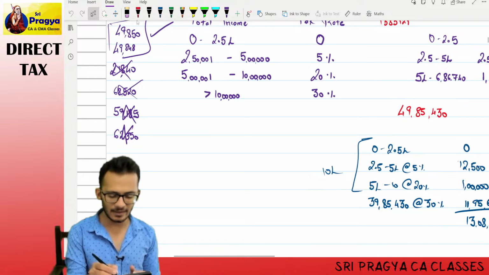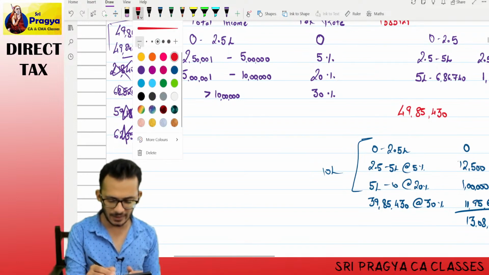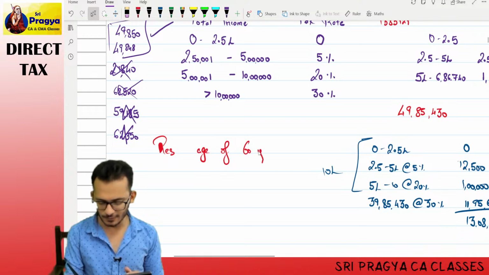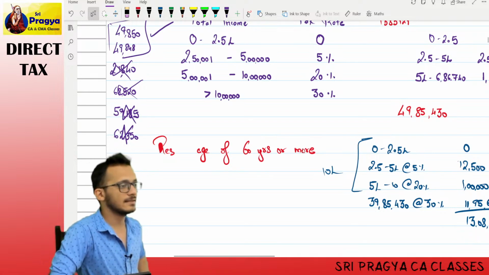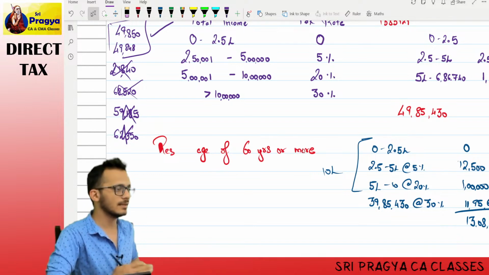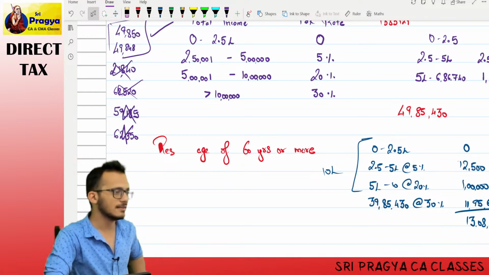Under income tax, you become a senior citizen if you are of age 60 years or more.